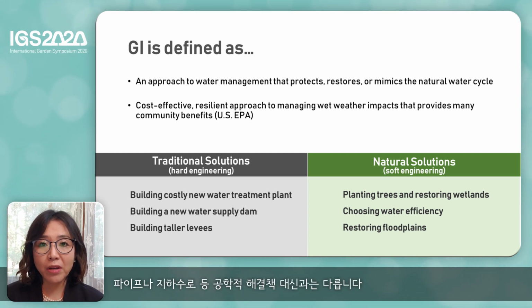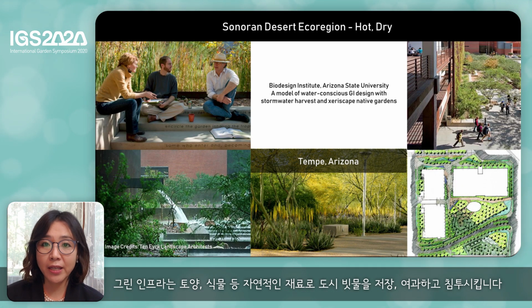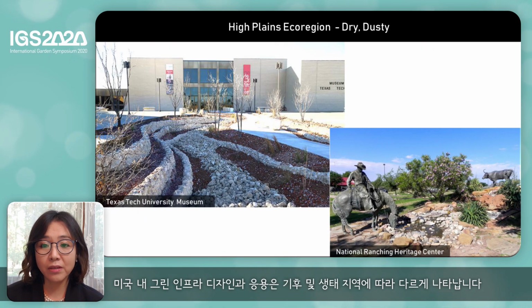Instead of engineering-based solutions such as pipes or culverts, green infrastructure utilizes natural materials such as soil and vegetation to store, filter, and infiltrate urban rainwater. So the green infrastructure designs and applications in the US tend to appear differently depending on the climate zones and ecoregions.